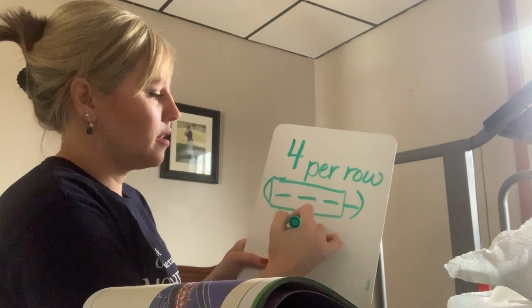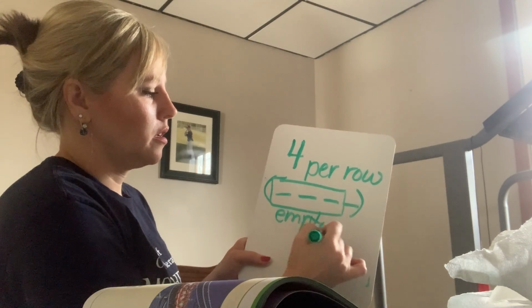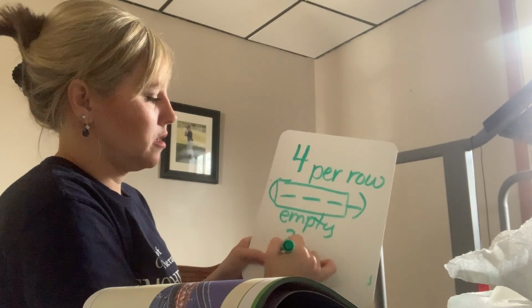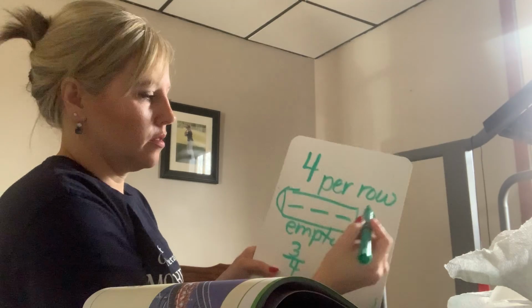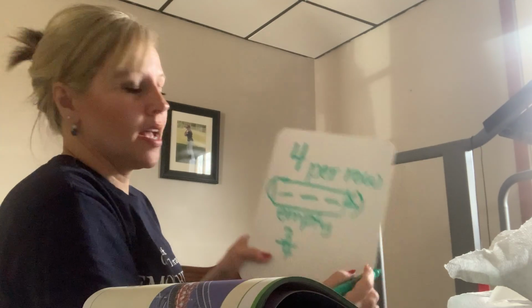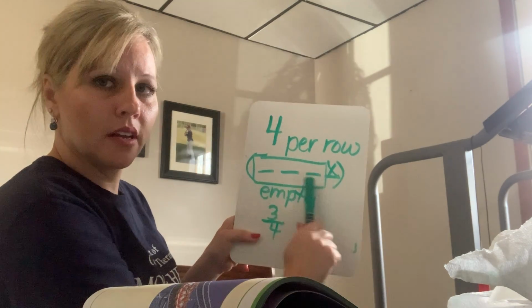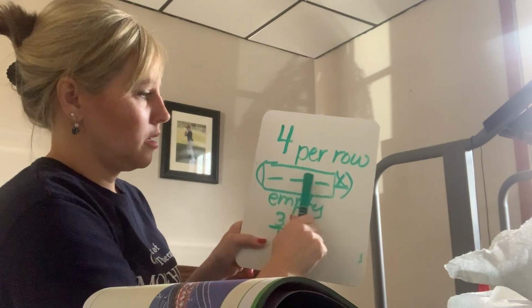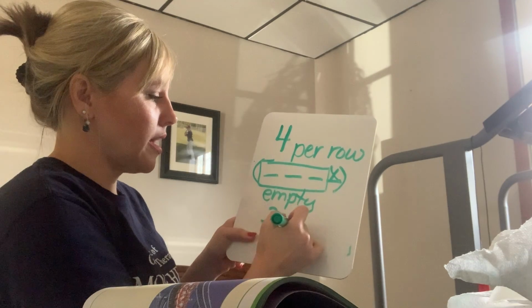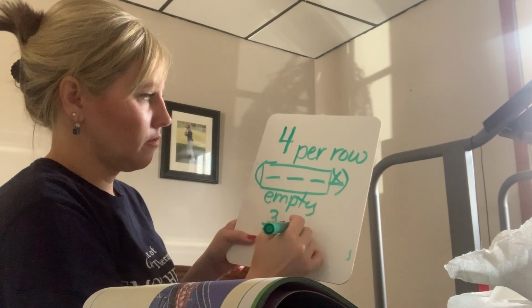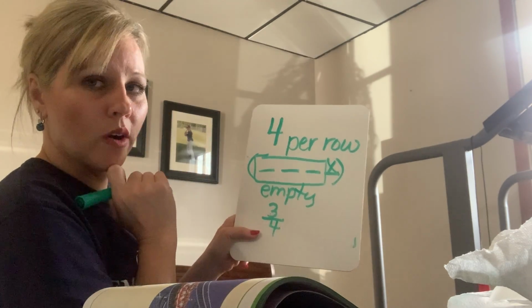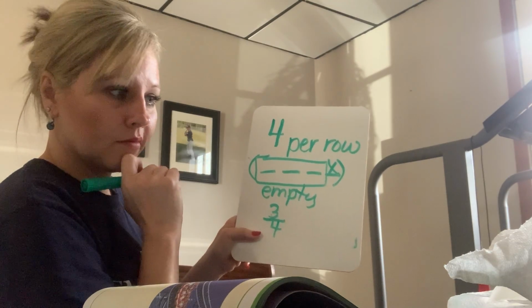Do you see that? That's 3/4. How many are full? Then just 1 has a person in it. Do you see that? So how many are left? 3 empty seats are left. Do you see it? 3 out of the 4. Okay?